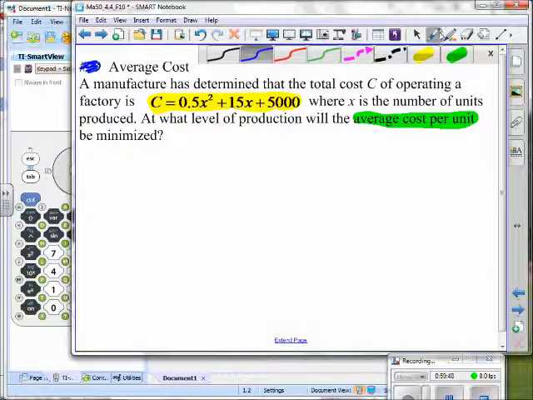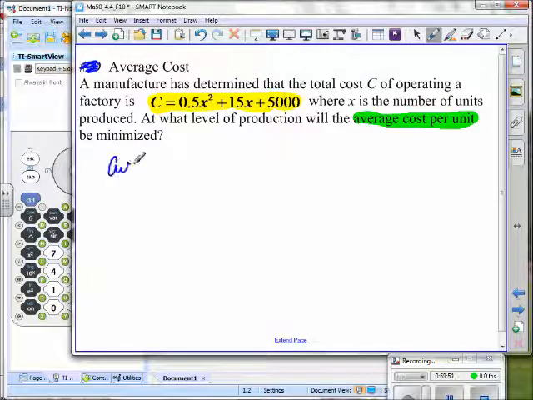So how are we going to determine average cost? And don't overthink this. If I wanted you to find average anything, Casey, help us out. So it would be C of x divided by x. Yeah, absolutely. It's average, right? That's how we find it.